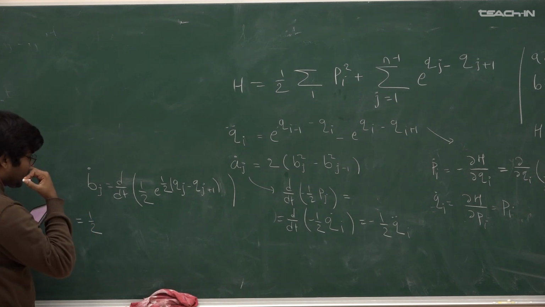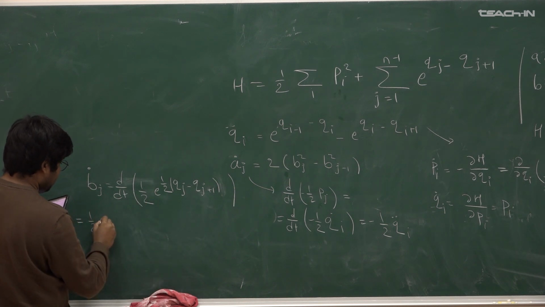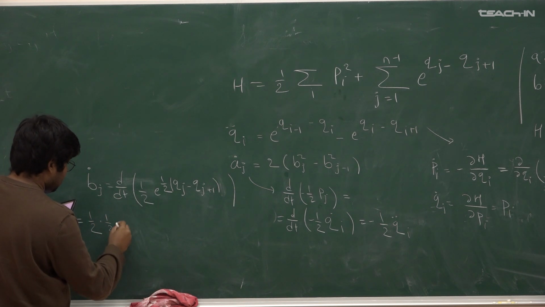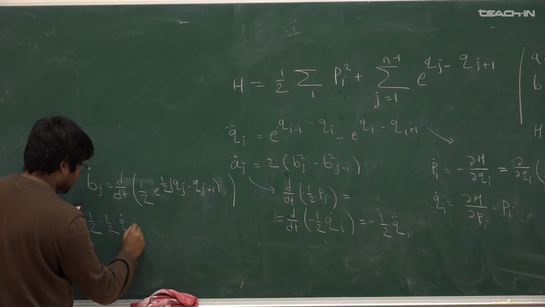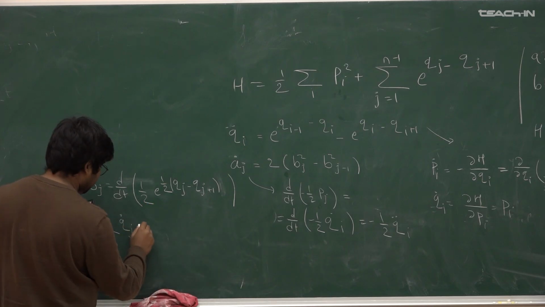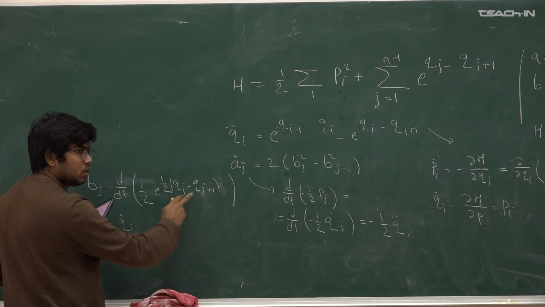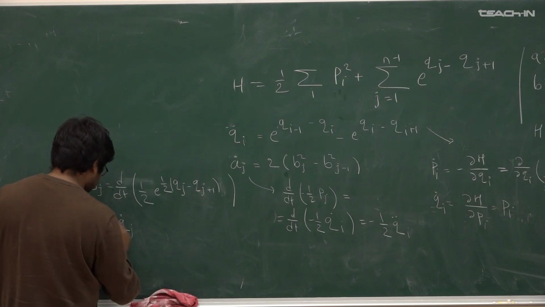Half, and then this half comes with derivatives of this qi, like this, right? Qj. And then the whole thing. We have also this one, so we need to write the derivative of this also, with a minus sign.